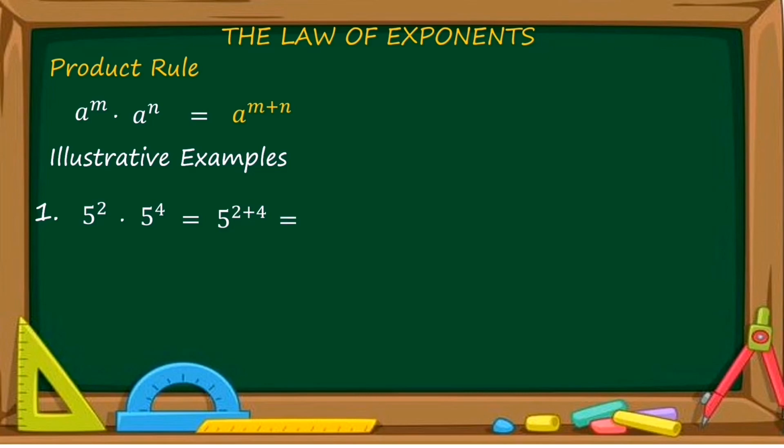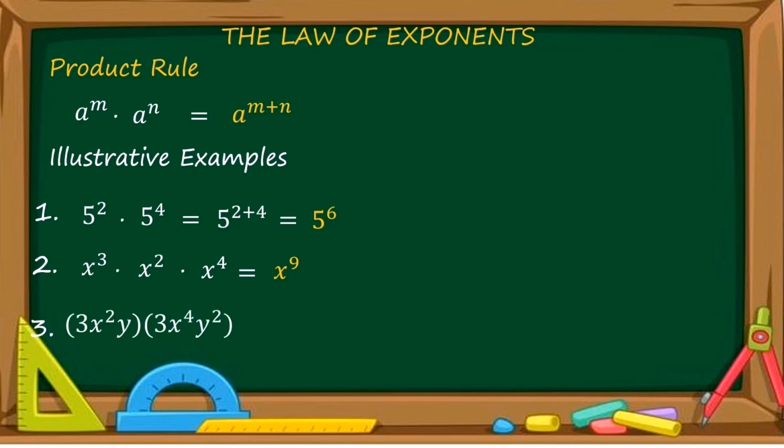Simplifying it, that is equal to 5 raised to 6. Next, x raised to 3 times x raised to 2 times x raised to 4 is equal to x raised to 9. The exponent is 9 because the sum of the exponents in the given is 9.